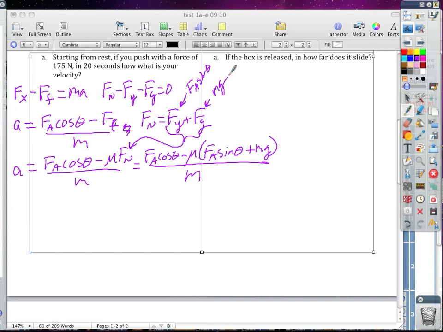How heavy was this, 35? Yeah. Okay, and I get 0.663 meters per second squared. And now I just use v equals v0 plus at, and that's going to give me like 13.3 meters per second.